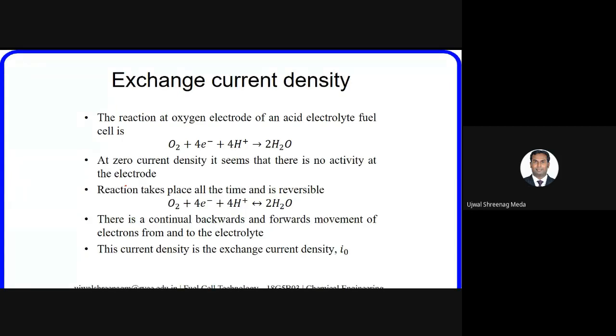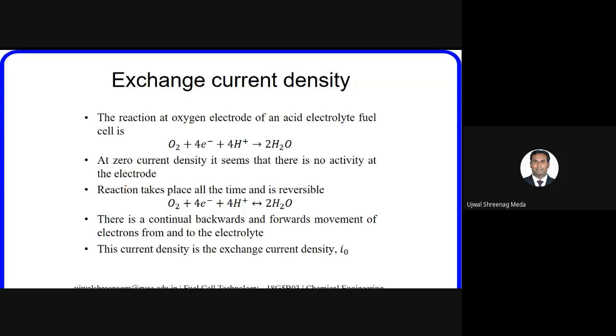To start with, in an acid electrolyte fuel cell at the cathode, where oxygen is used as oxidant, this oxygen combines with the electrons that come from the external circuit and the protons that come through the electrolyte to form water. This is the reaction that takes place at the cathode.